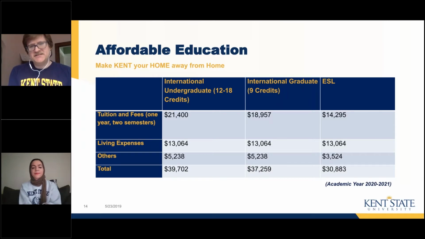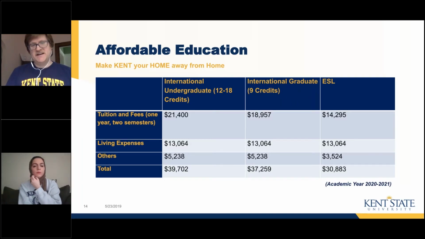And the living expenses, just to give you an idea, because sometimes I think people think they look a little high. These take into account not just our housing costs on campus, which are usually $11,000 to $12,000. We also lump in transportation fees, like outside transportation fees if they go out to eat off of campus and stuff like that.